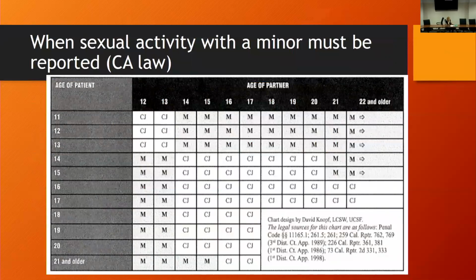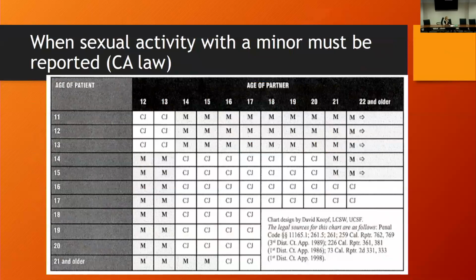CJ means clinical judgment, mandated means mandated, and basically you only have a few years leeway usually, either way.